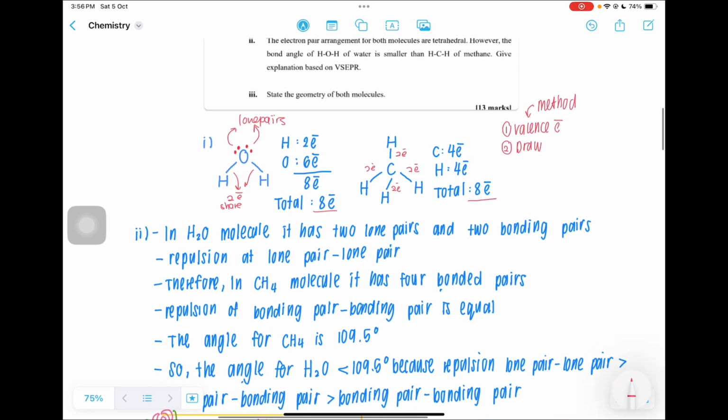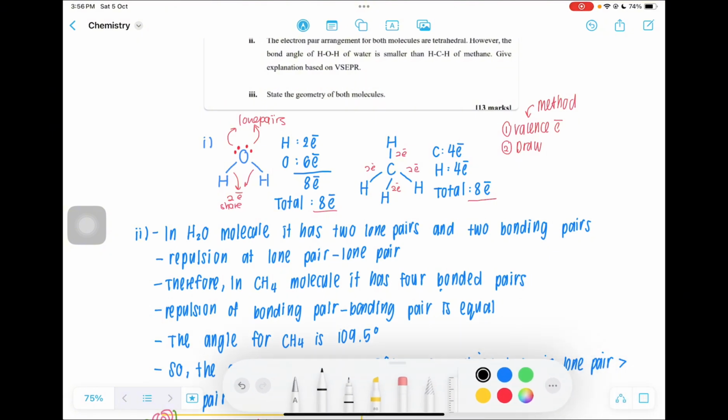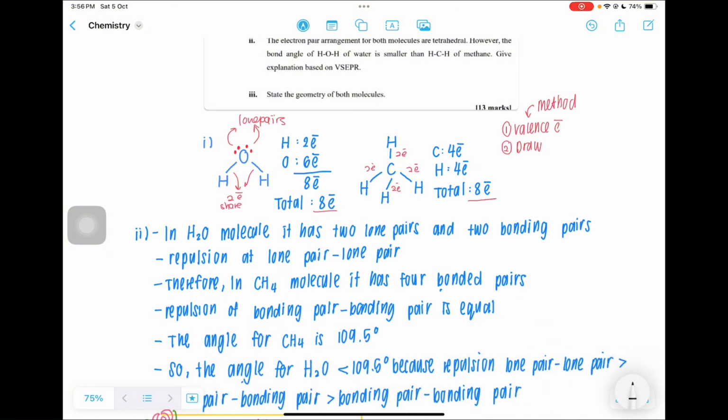So we need to know, based on the Lewis structure, here the angle will be less than 120 and here it will be 109.5 degrees. Okay, why?